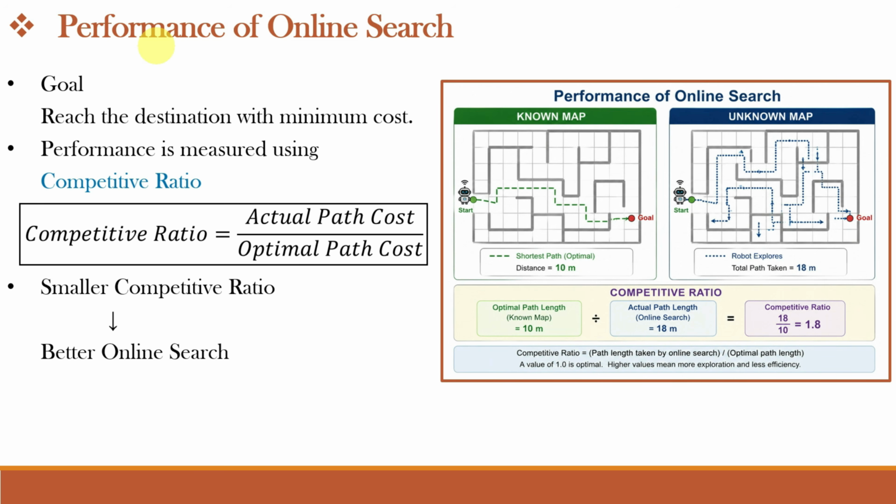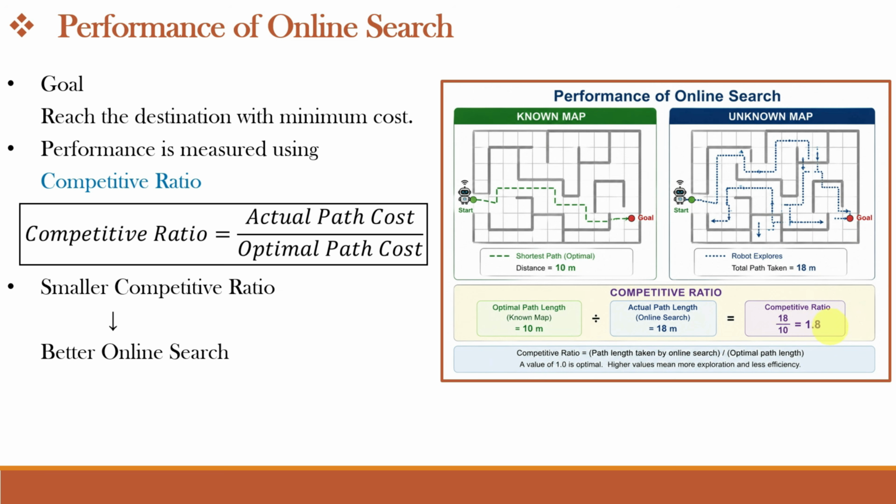Now one important question is, how do we evaluate an online search algorithm? Suppose the shortest path is only 10 meters, but because the robot did not know the map, it traveled 18 meters. Then the competitive ratio becomes 18 divided by 10, which is equal to 1.8. That is actual path cost upon optimal path cost, because optimal path cost is 10 meters and actual path cost traveled is 18 meters.